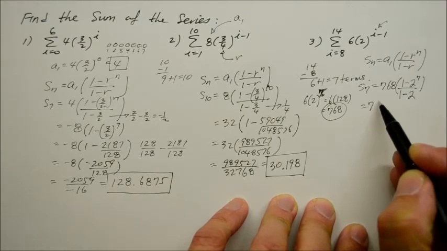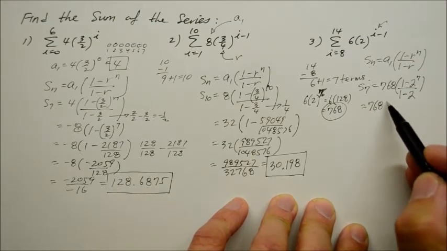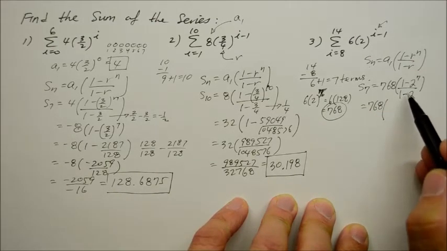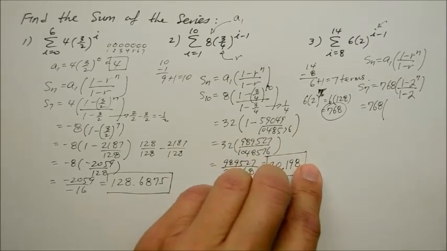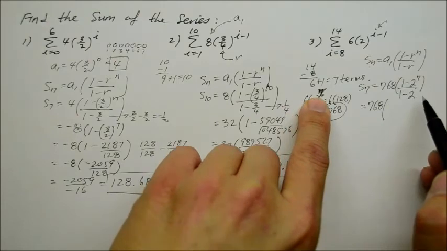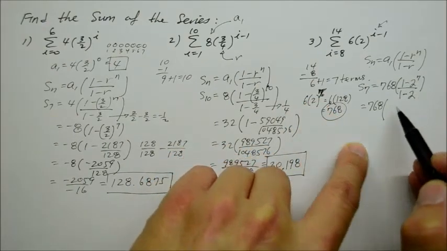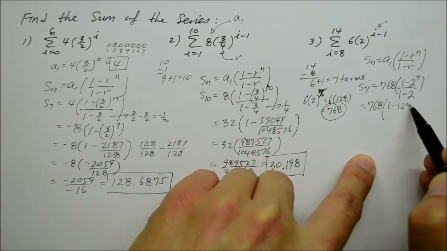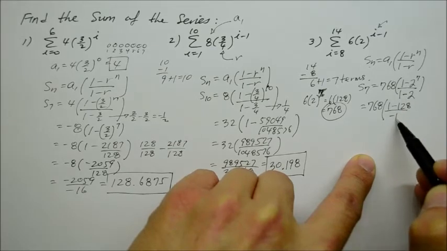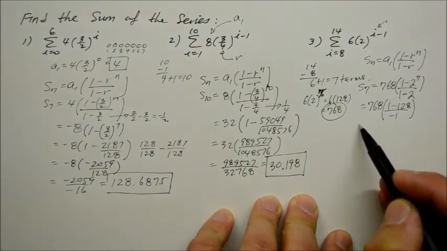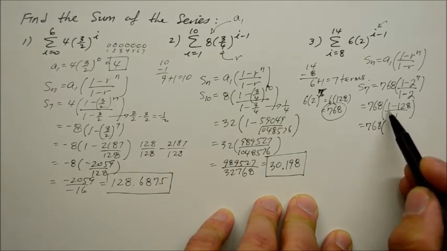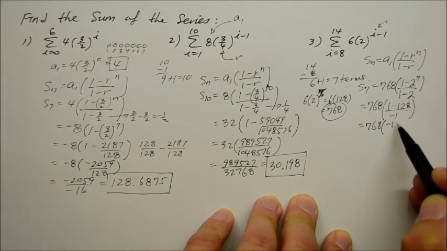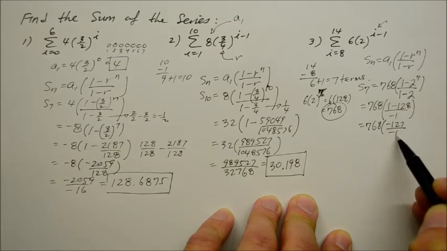So we go 768, the outside coefficient, times 1 minus 2 to the 7. 2 to the 7th, that's 128 already anyway. So we got 1 minus 128 over 1 minus 2 is negative 1. So we could keep on going and say that 768 times 1 minus 128 is negative 127 over negative 1.